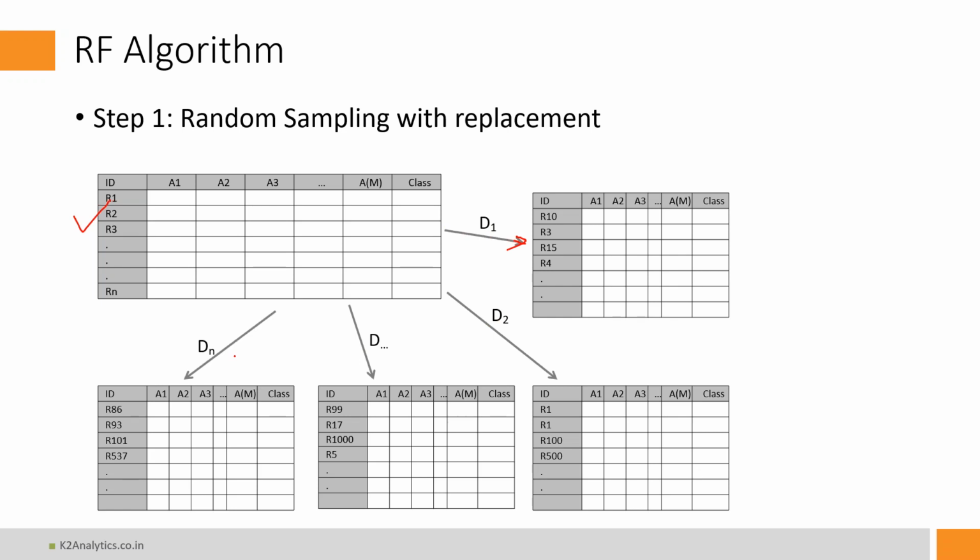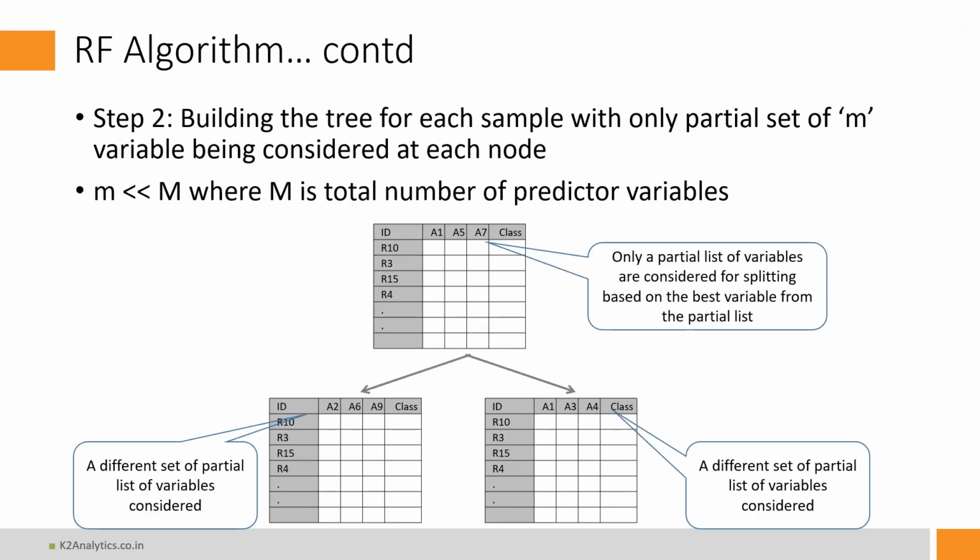How are these data sets going to be created? Sampling with replacement. The default implementation is, if you have, say, 20,000 records in the data set which you are passing to the model algorithm function, each of the samples will be 20,000 records. But those samples will be created by sampling with replacement. Step 2 of the algorithm will be to build a model on each of these data sets.